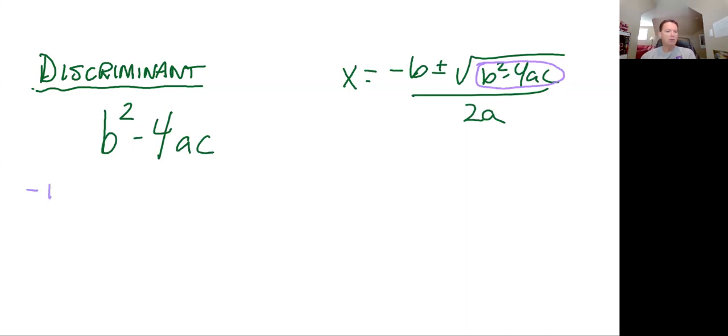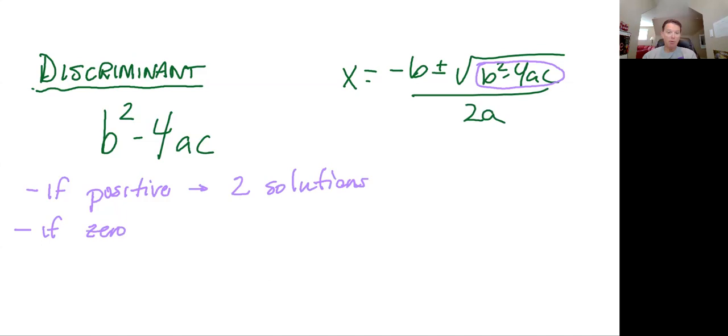If the number is positive, then that means I can take a square root plus or minus, and I get two solutions. Like x equals 5, x equals 3. If the discriminant is 0, like we saw in that first example, we get just one solution.